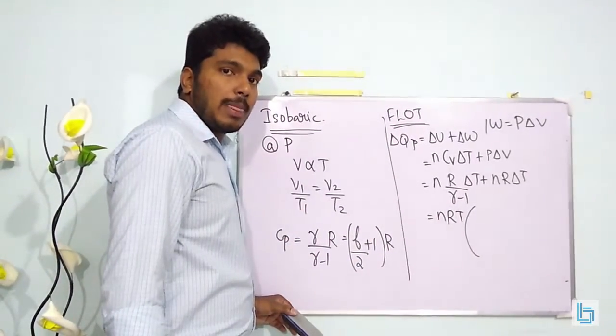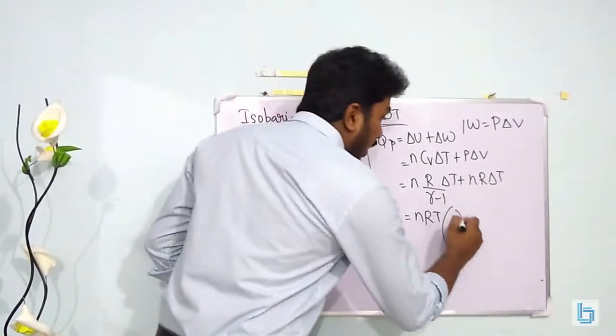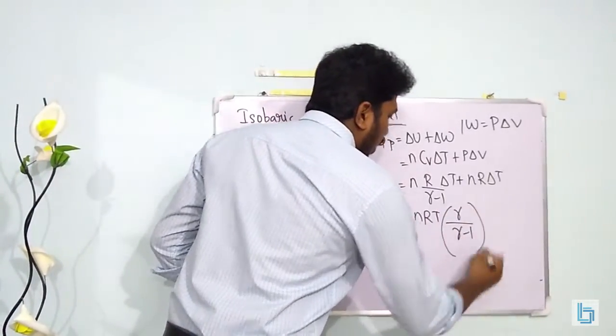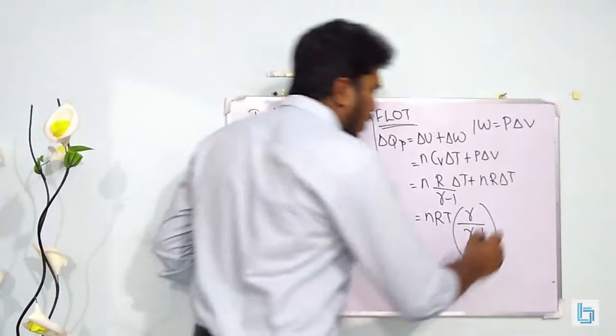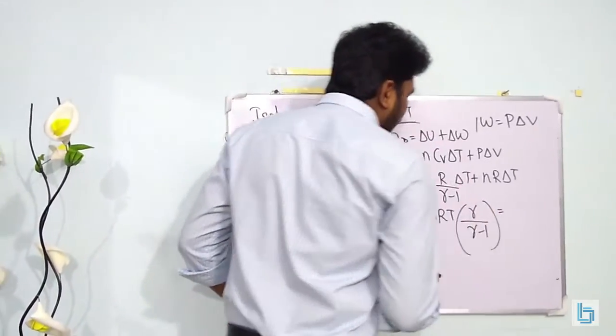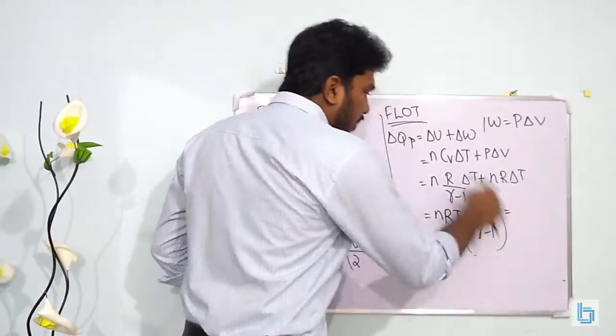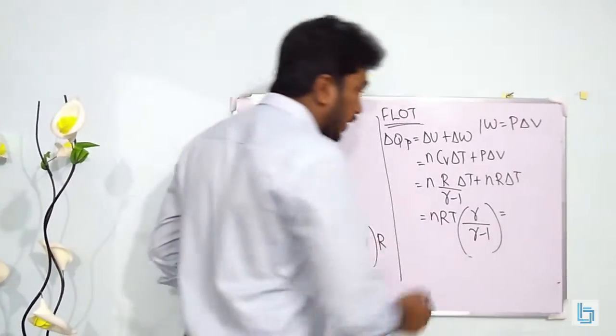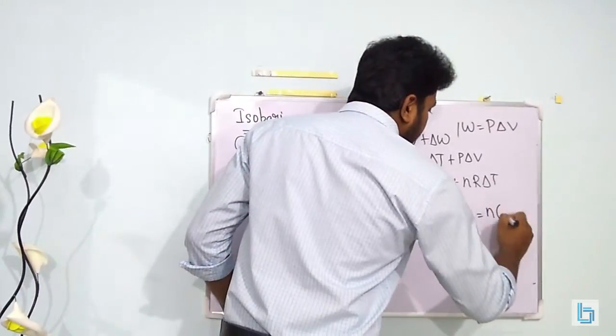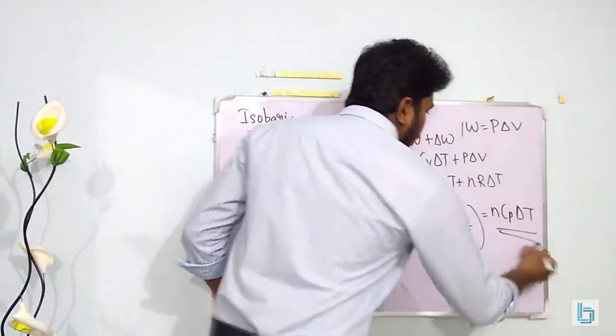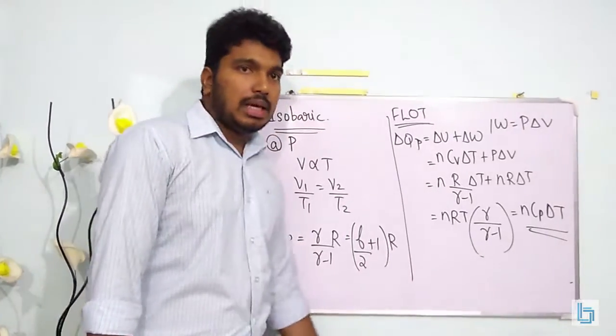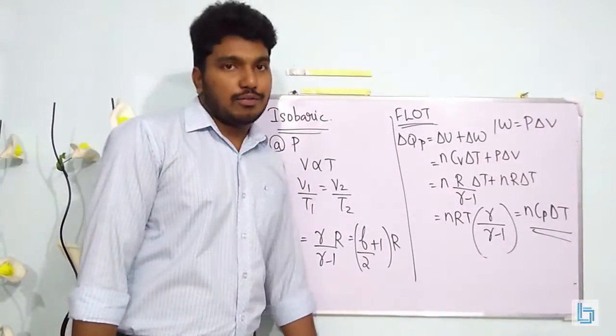What do you get? Gamma by gamma minus 1. What was gamma by gamma minus 1? It is Cp. So you get gamma by gamma minus 1 into R is Cp. So you get this as N Cp delta T, by applying the first law.